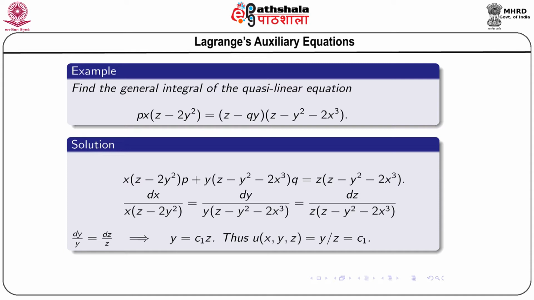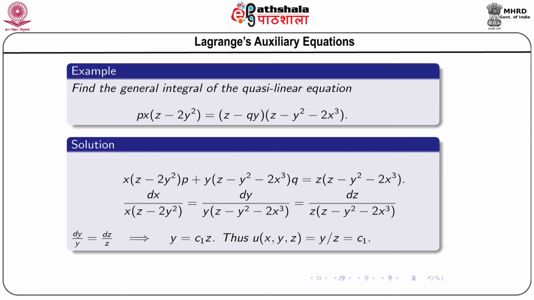Now, we can write this equation in standard form as some function of x, y, z into p, and some function of x, y, z into q, equals some function of x, y and z. So, the Lagrange auxiliary equation for this quasi-linear equation is dx by capital P equals dy by capital Q equals dz by capital R.